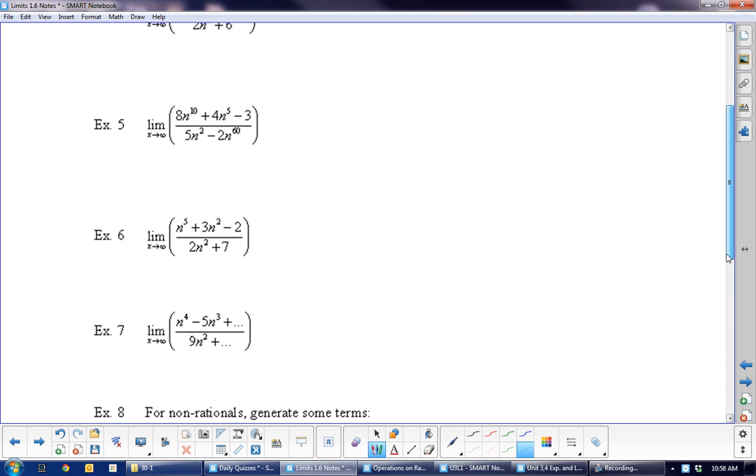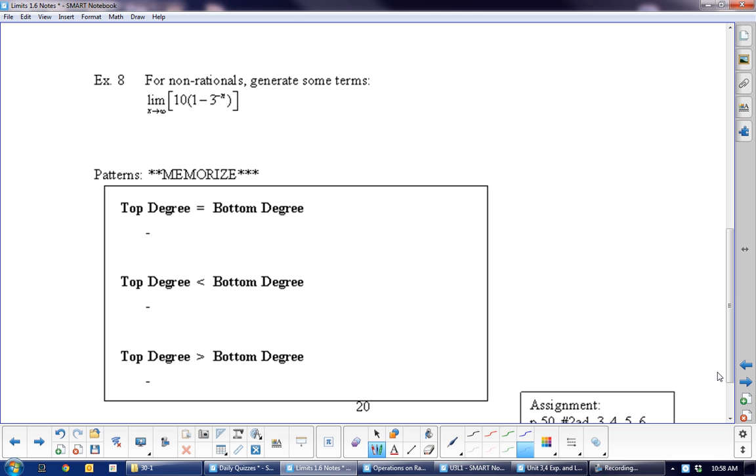Okay, so let's go down here. If your top degree equals your bottom degree, the limit is the coefficients of the highest degree terms. So let's just put an example here.